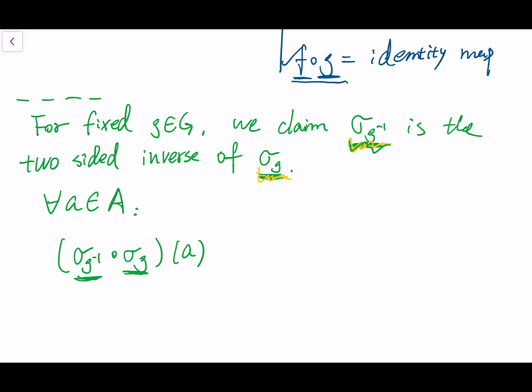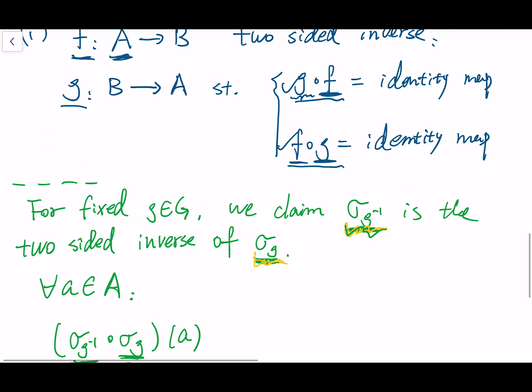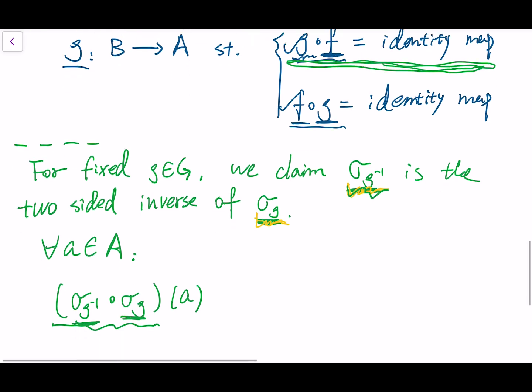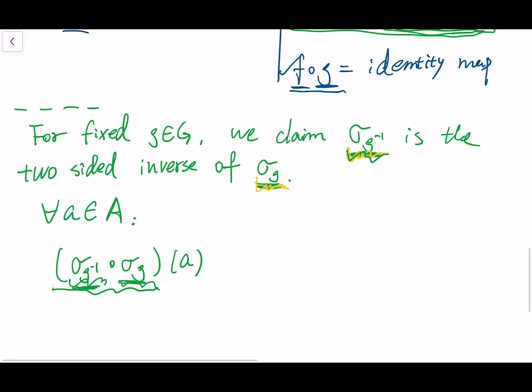What we want to show is that this composition is actually the identity map. If it is the identity map, then it satisfies the equality, which means sigma g inverse is the left inverse of sigma g.